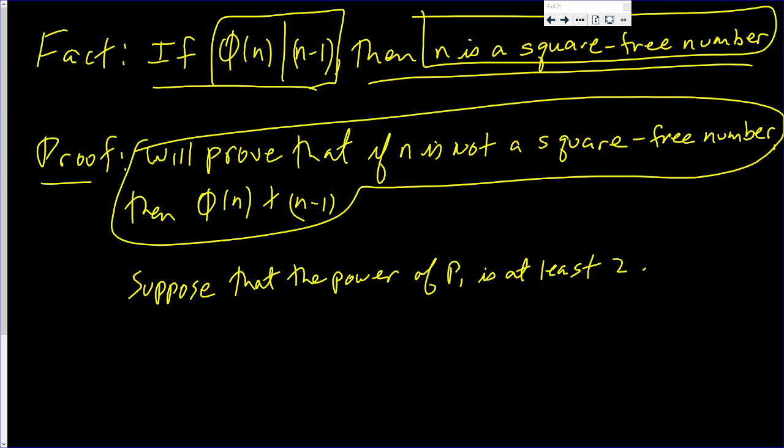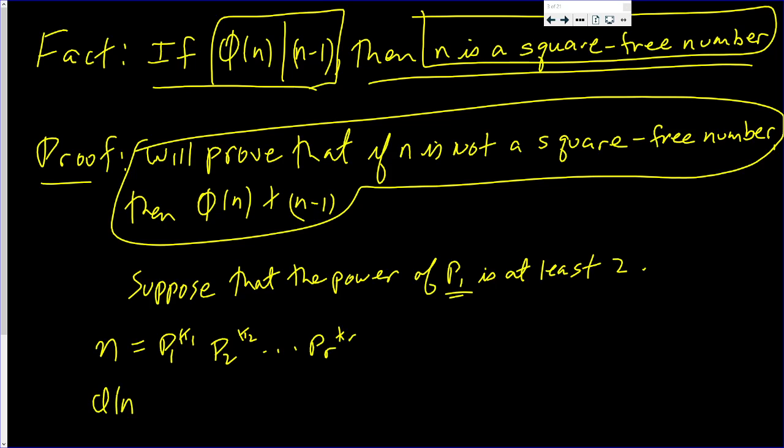It's at least 2. So then what we have is that n is P1 to the K1, P2 to the K2, all the way up to PR to the KR.